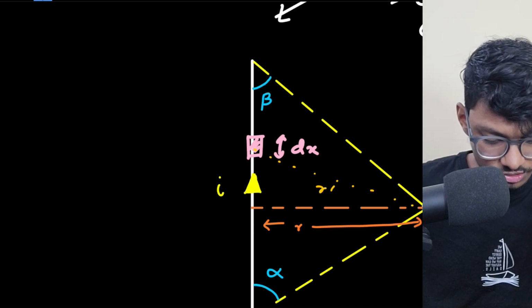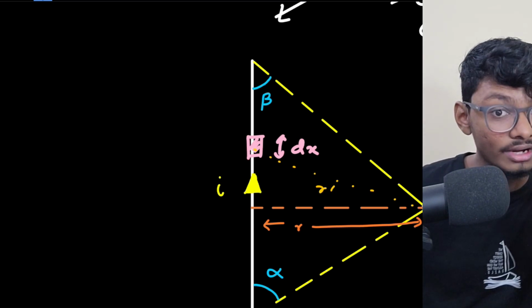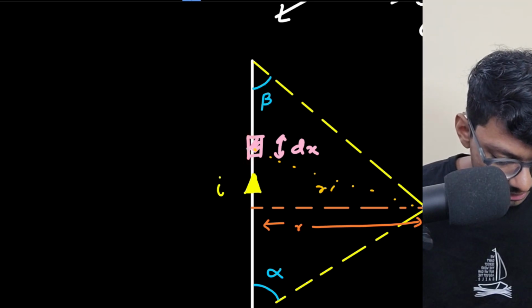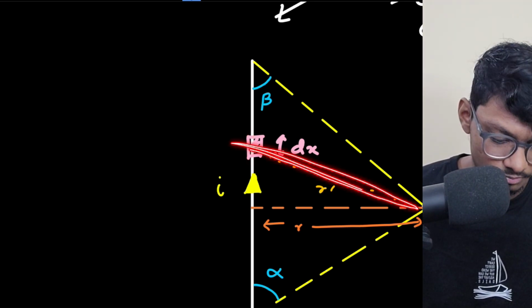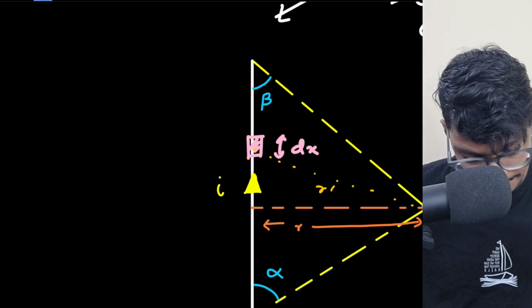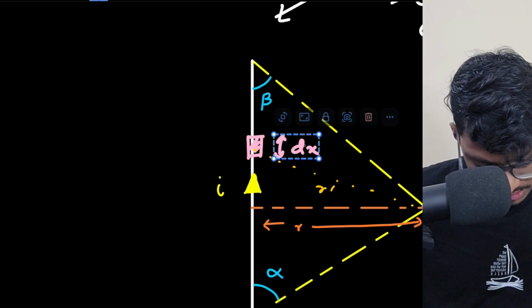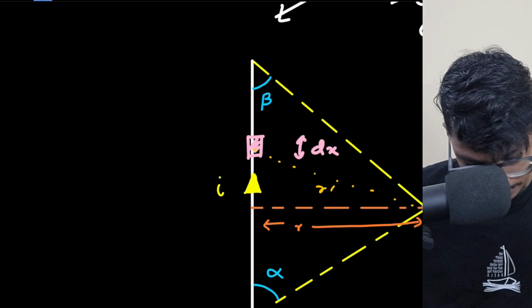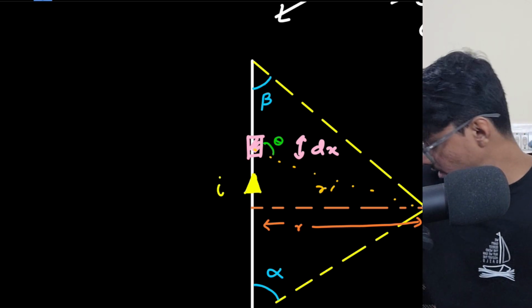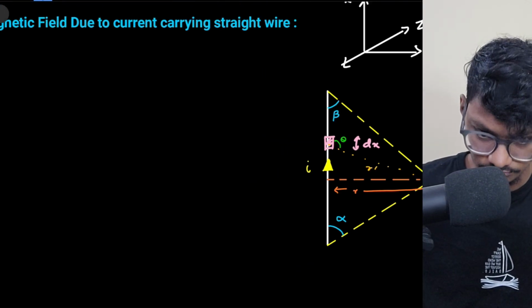And if it is almost equal to r dash, what angle I used to take? The angle between the current element and the line joining the point and this current element. So this is the angle. For now, let's name this angle as theta. So this angle is theta.